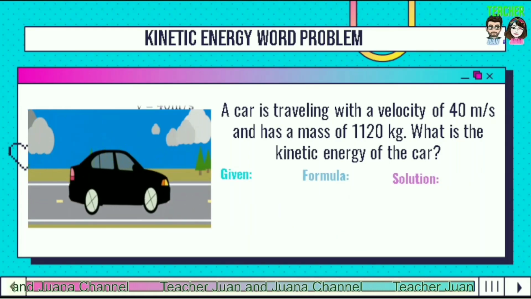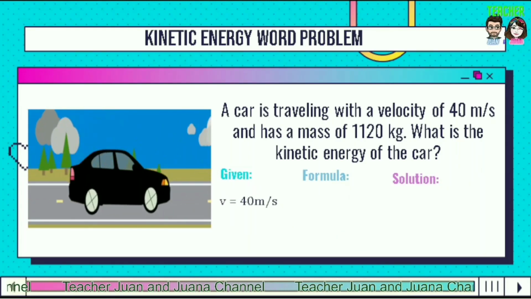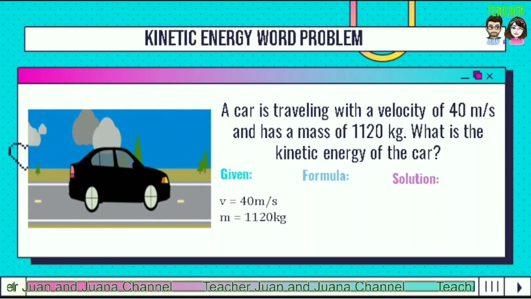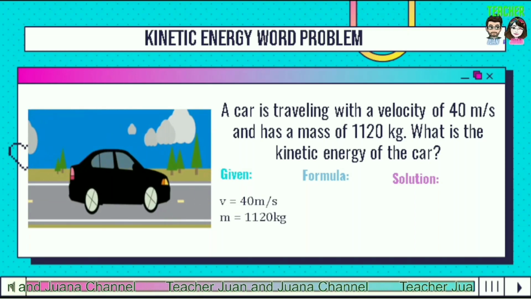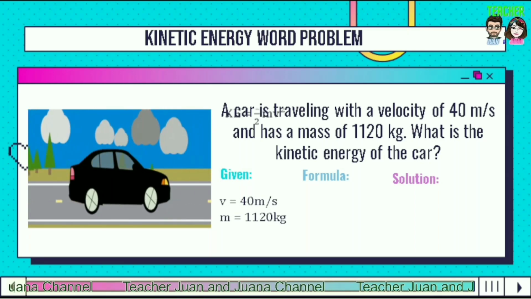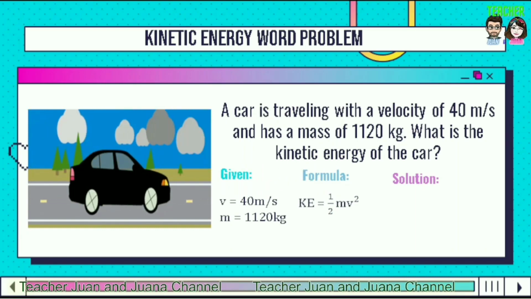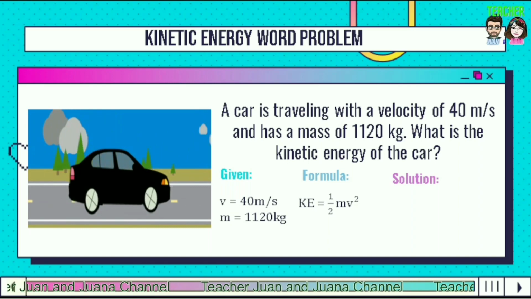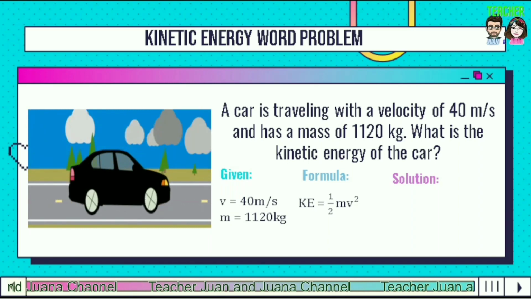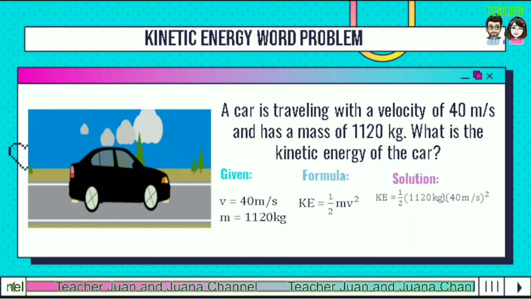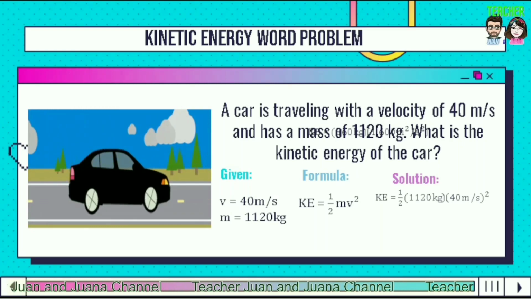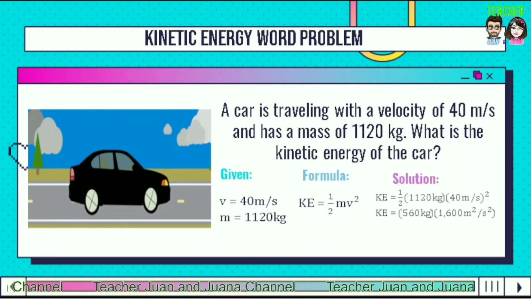Time is up. The given are, velocity of 40 meters per second, and mass of 1,120 kilograms. Did you get it right? Great job! For the formula, KE is equal to 1/2 of mass times velocity squared. Did you get that also? Amazing! For the solution, just substitute the given values to the formula.